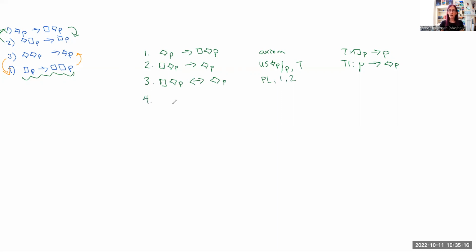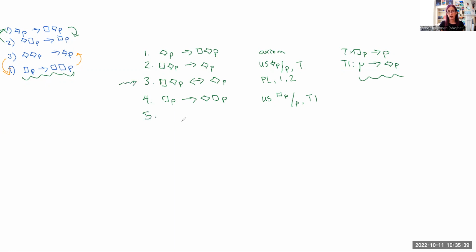Now I'm going to take a substitution instance of T1. So I'm going to substitute in necessarily P for P. So this says necessarily P implies possibly necessarily P. Now, we've got this lovely equivalence that we've just proven in line 3.